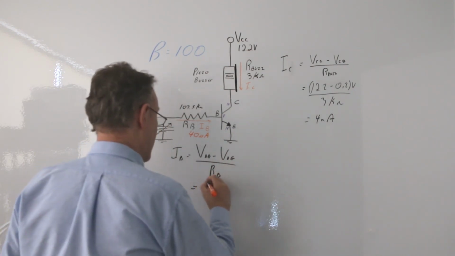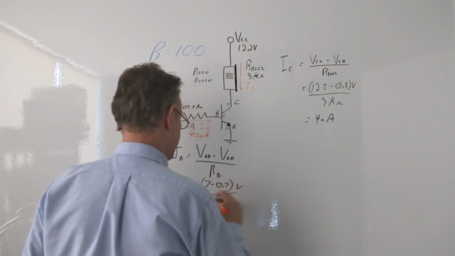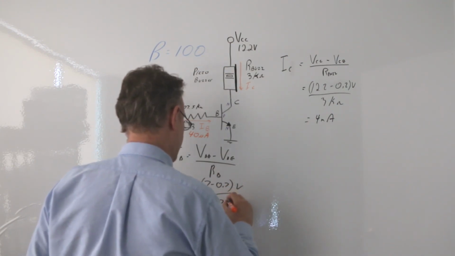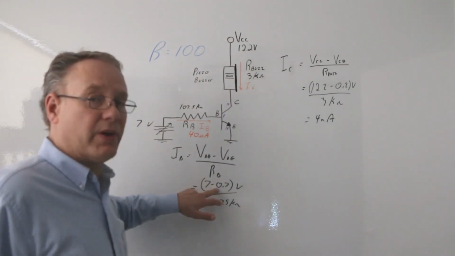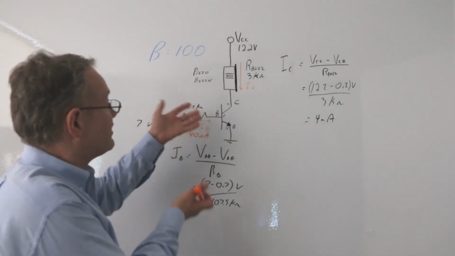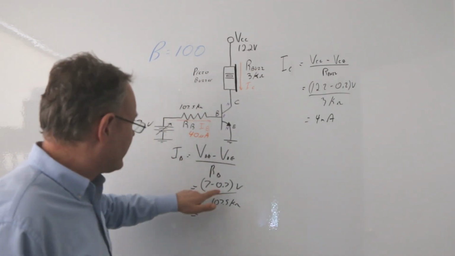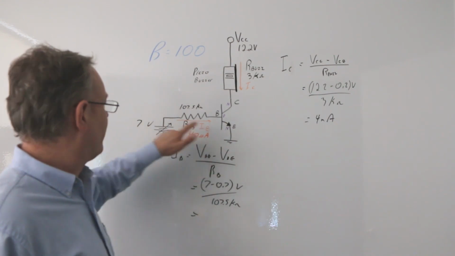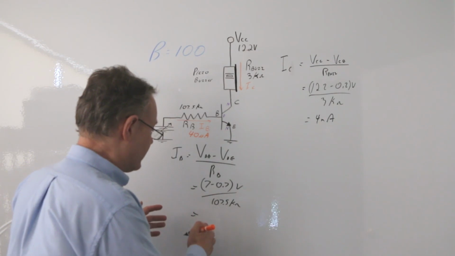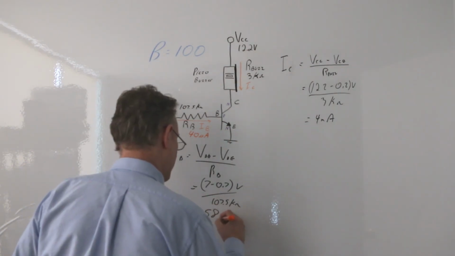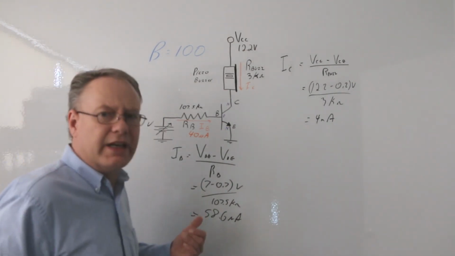In that case, I'm going to write 7 minus 0.7 volts divided by 107.5 kilo ohms. Now, I know that's still 0.7. It's going to still be 0.7 because this is fully saturated and it's forward biased. For this to go below 0.7, the voltage here would have to go really low. So now the answer there is 58.6 microamps.